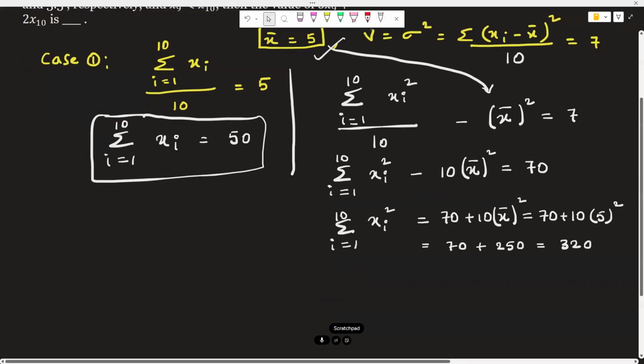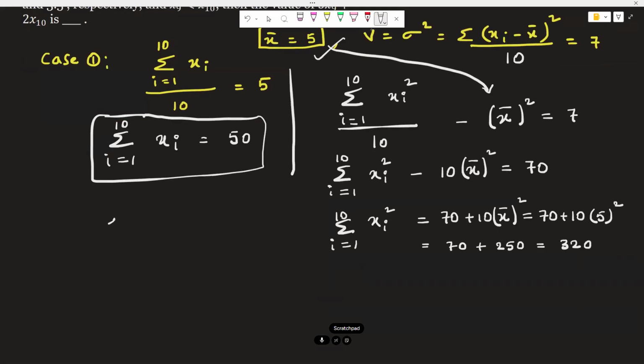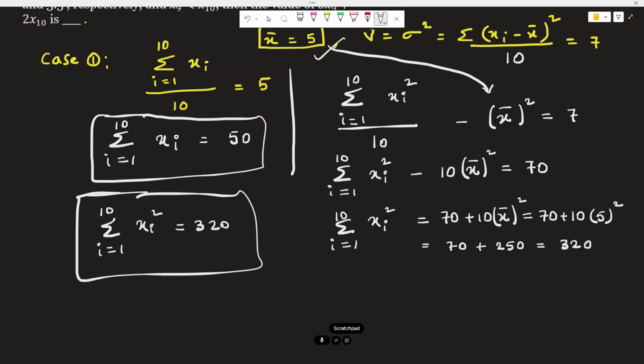So therefore, we have another value, sigma i equal to 1 to 10 xi square is equal to 320. So in this case, we have two different scenarios.